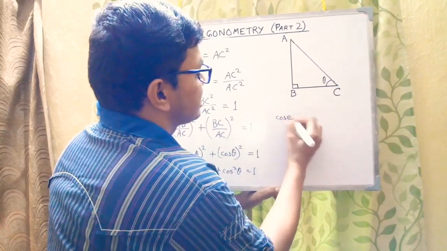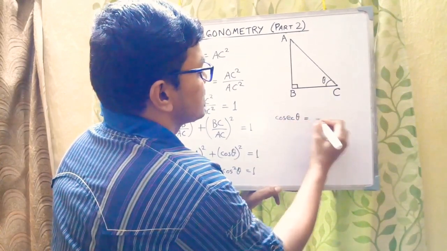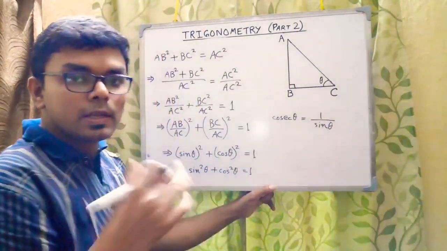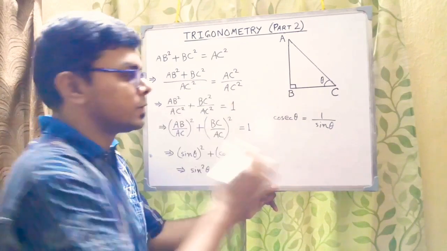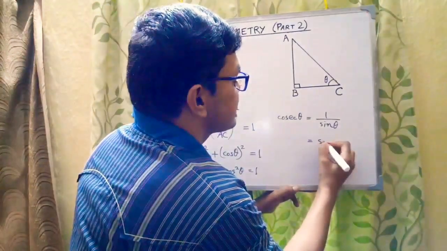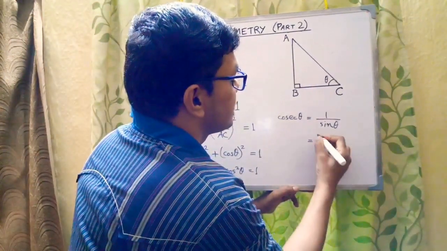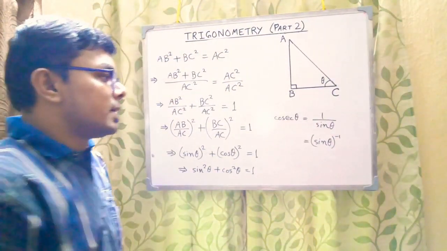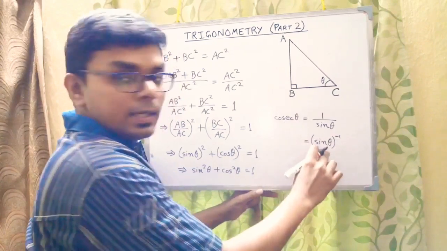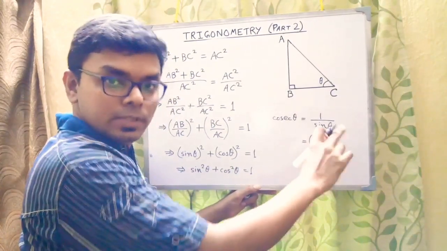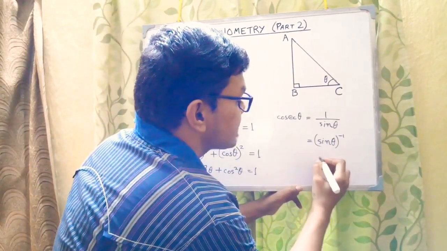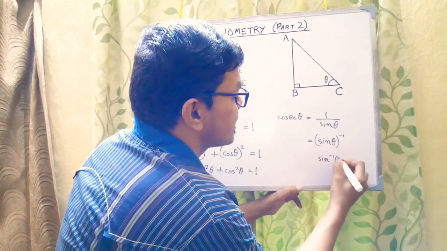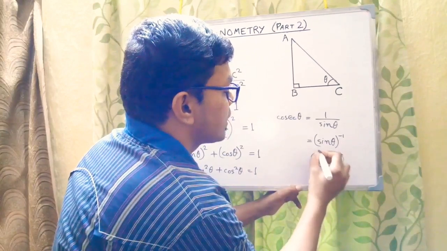Cosec theta equals 1 by sin theta. This is something we have already learnt in our first tutorial video. So this can be written as sin theta whole to the power minus 1. This is from the laws of indices. That is, cosec theta can be written as sin theta to the power minus 1, but if we try to write it as sin to the power minus 1 theta, this is not allowed.